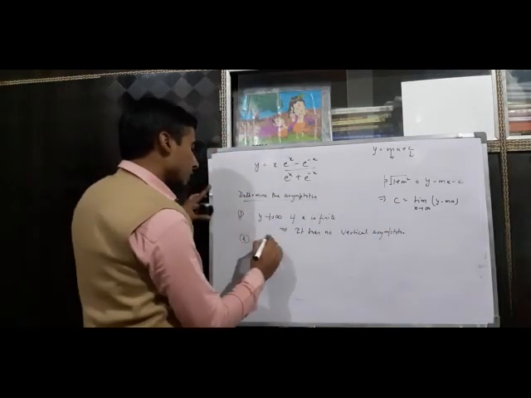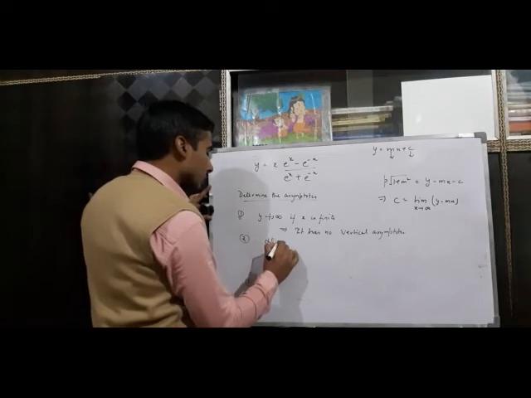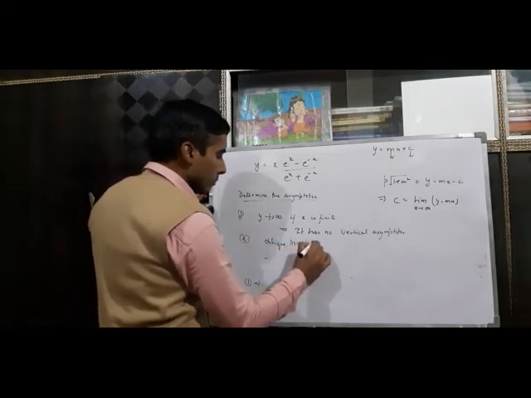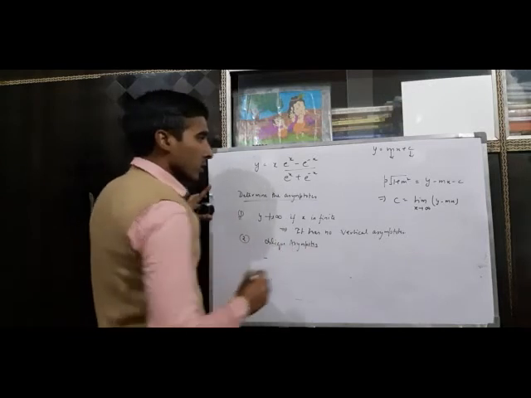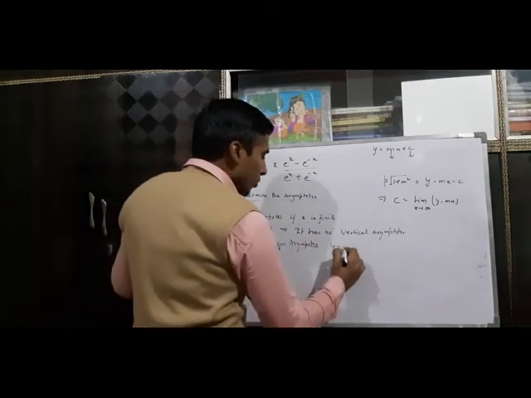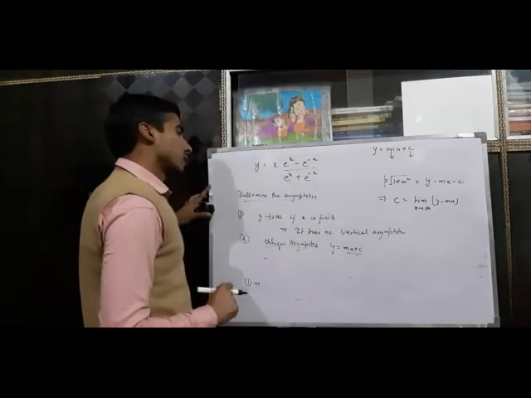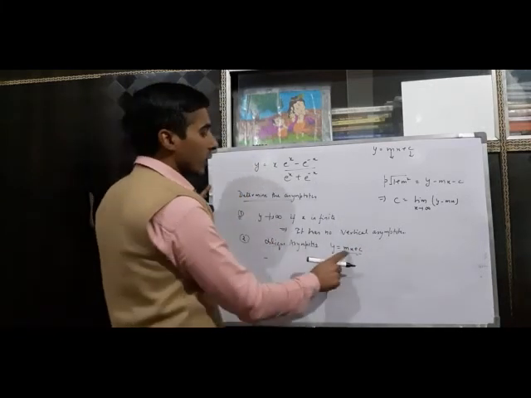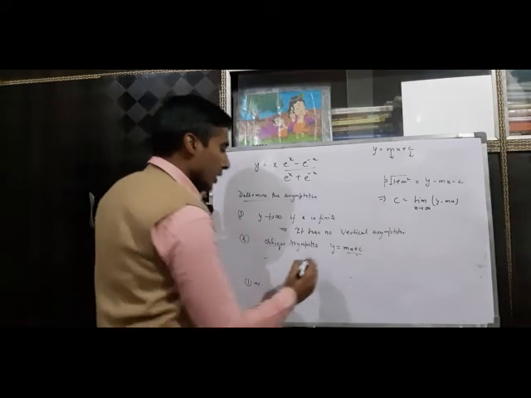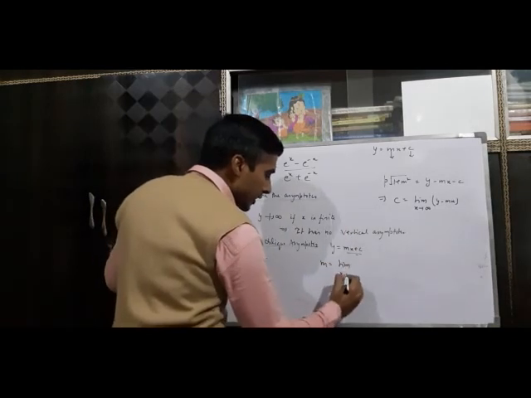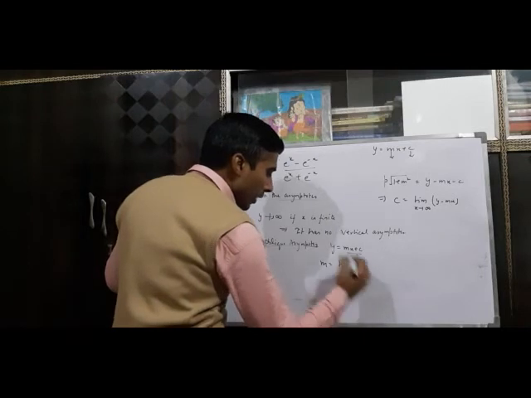Now we consider the oblique asymptotes. So y equal to mx plus c, if it is an oblique asymptote, then we have to determine the value of m and c. As you know, m is limit x tending to infinity, y upon x.